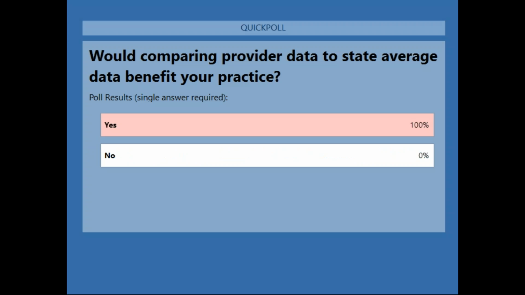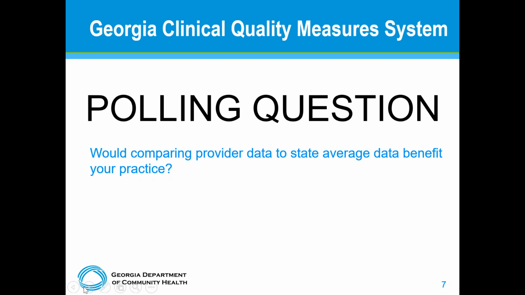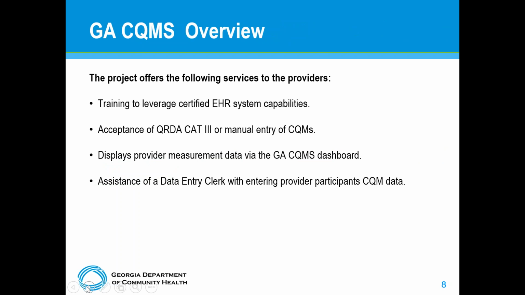Excellent. That's good news. So let us go over the CQMS system at a high level. With that, we're going to turn to the next slide, and you can see that this particular system and what we're doing as a project will be to leverage certified EHR system capabilities.